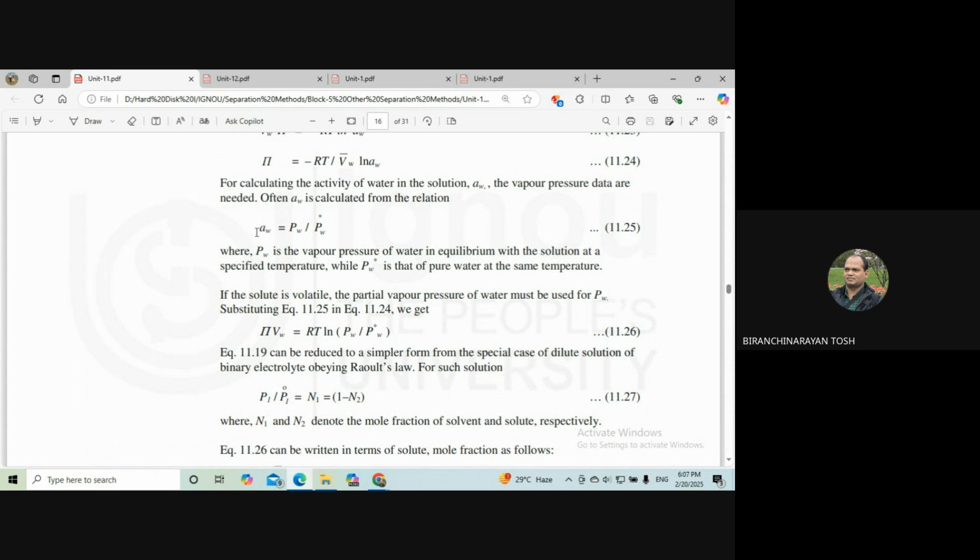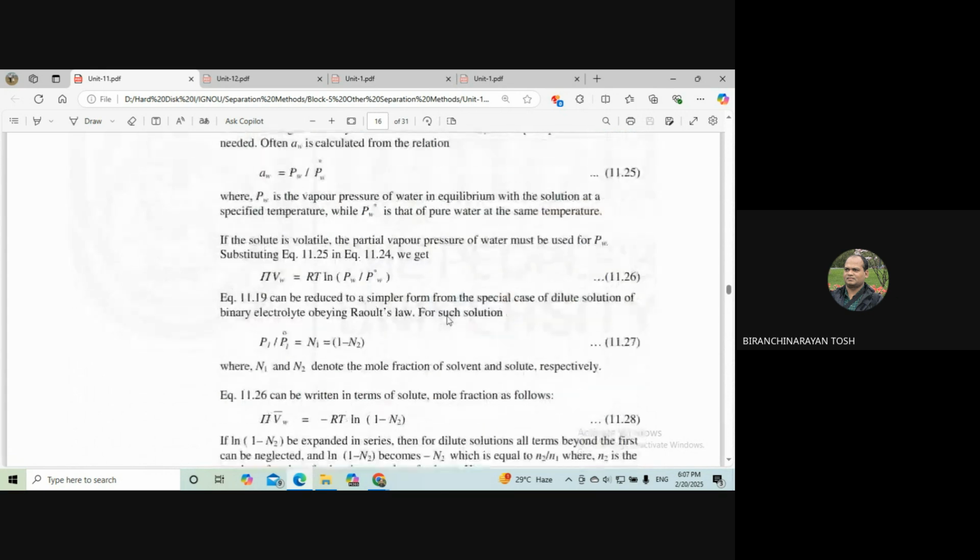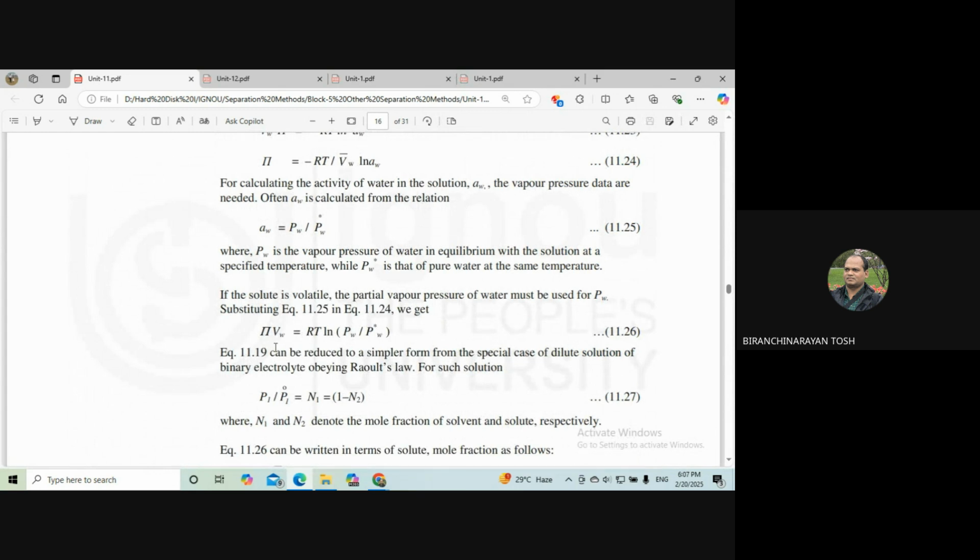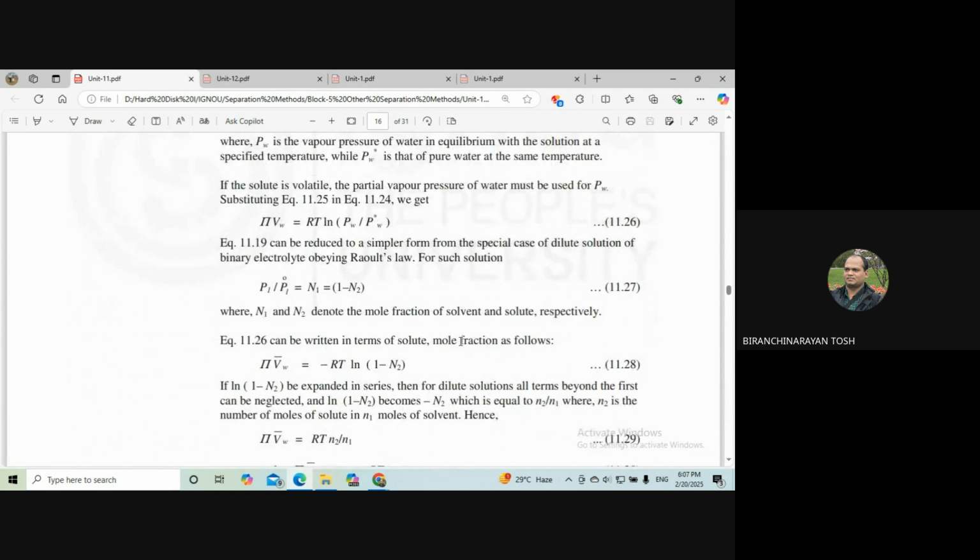So activity will be the ratio between the vapor pressures. If the solute is volatile, the partial vapor pressure of water must be used for Pw. So substituting all these things, we will get pi into Vw equal to RT ln Pw by Pw star.